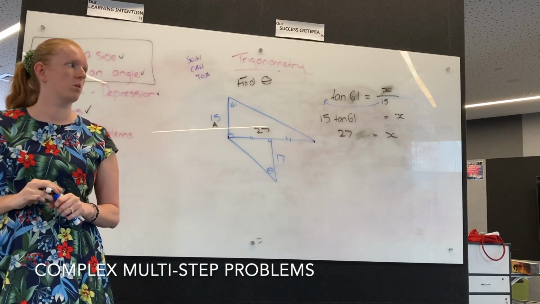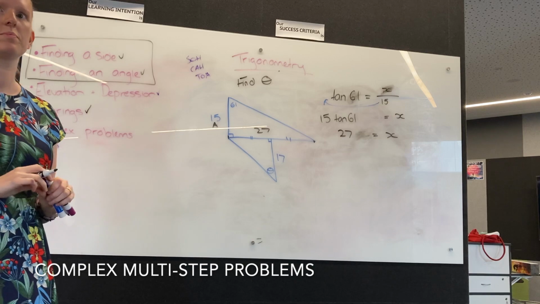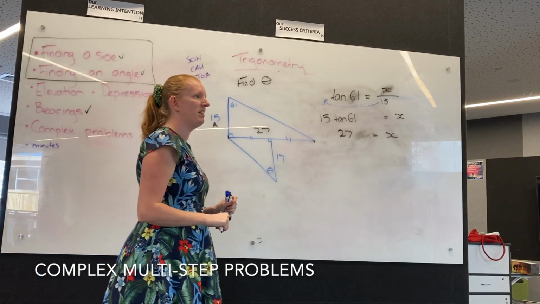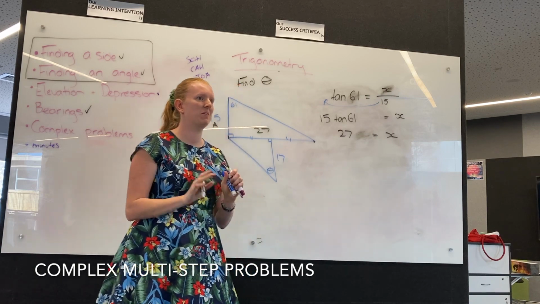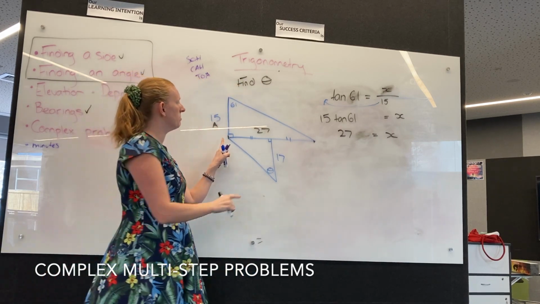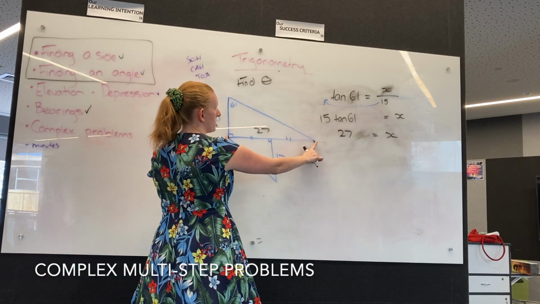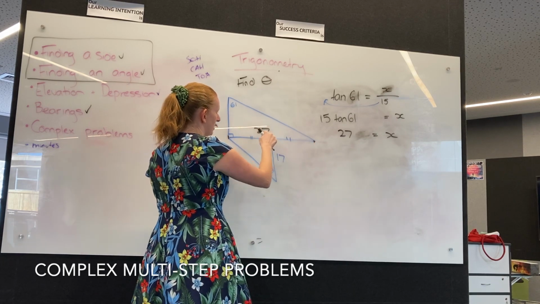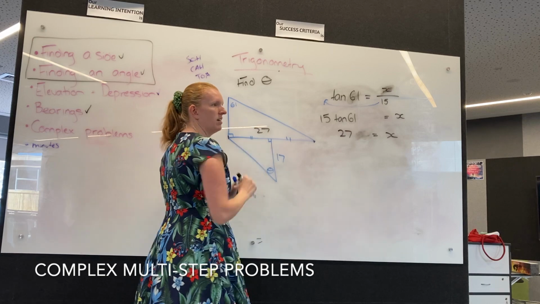Any ideas as to what I might do now? I know you know because we did a similar one, but any ideas from anyone else? What am I going to do? If I know that from here to here is 27, how do I use that to get the length of this?